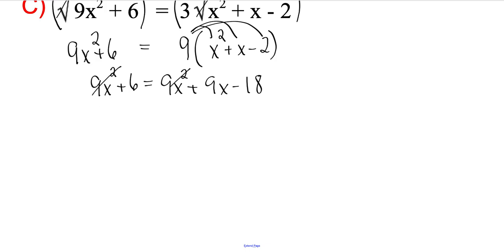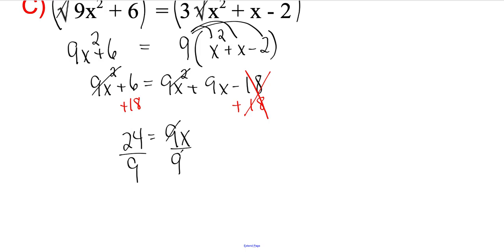So that actually turned out a little bit nicer. So let's add the 18. Those are out of here. So 18 plus 6, 24, equals 9x. And this looks like we have 24 ninths, which I'm going to have to simplify. We can take a 3 out of that. So that would be 8 thirds.